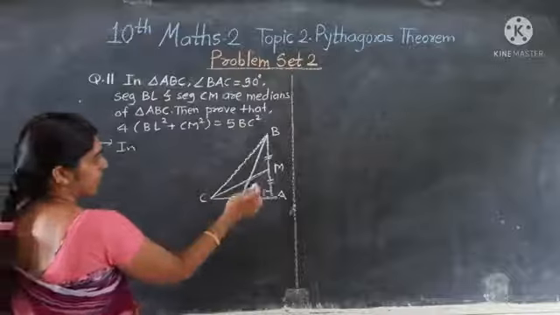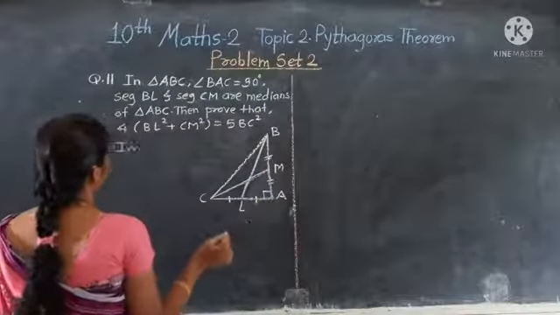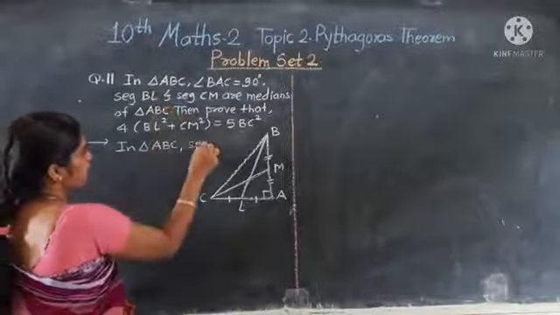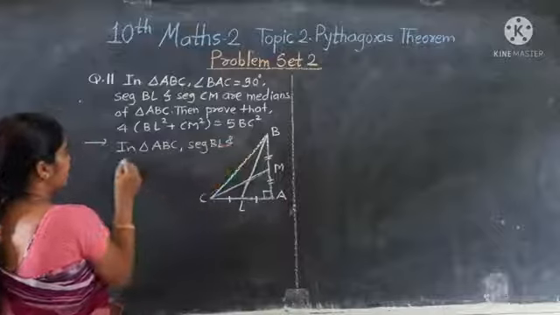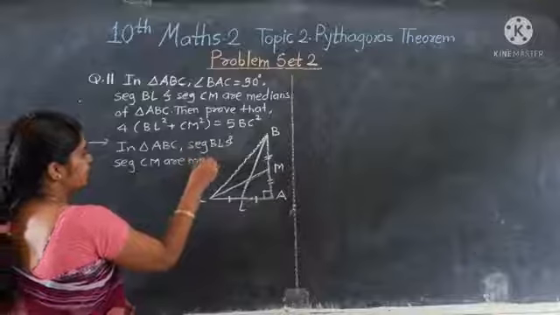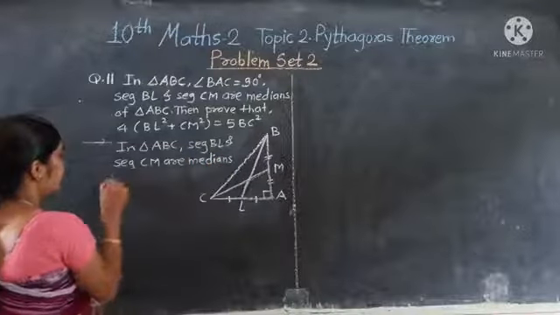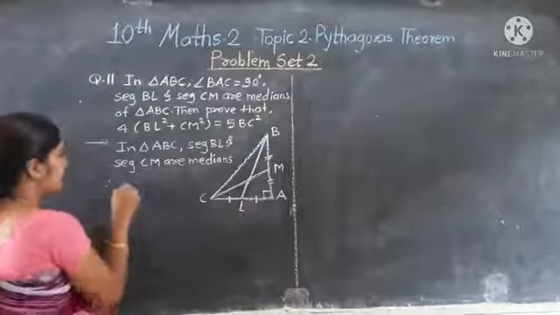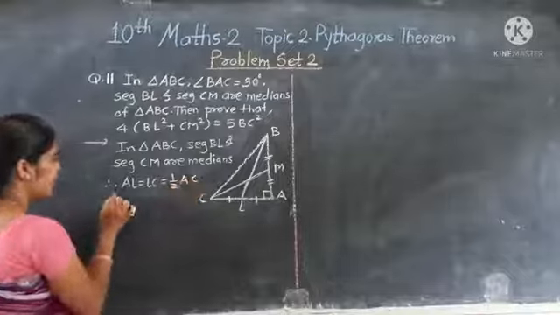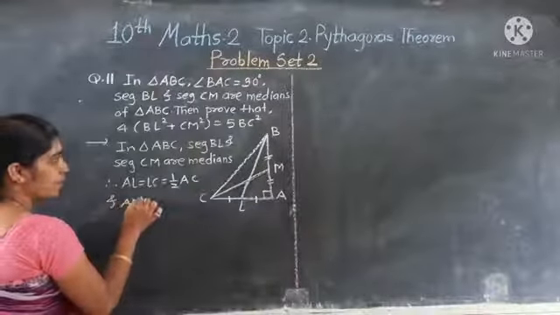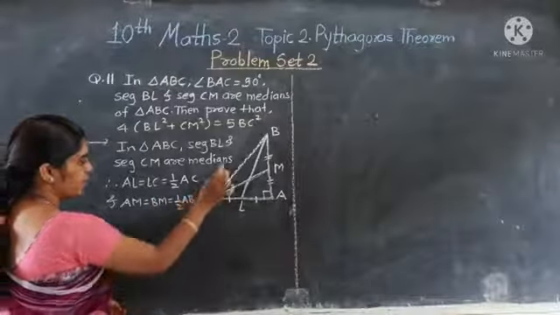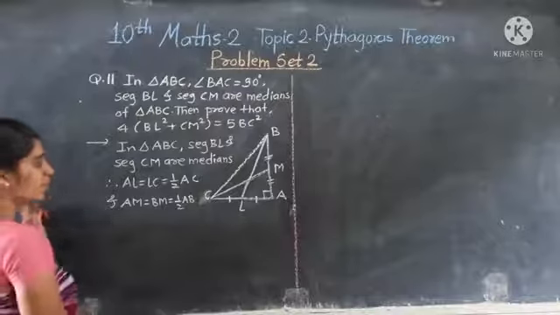So see, first in triangle ABC, you write: segment BL and segment CM are medians. Therefore, you write AL is equal to LC is equal to half AC, and AM is equal to BM is equal to half AB. Okay? You write in this way.